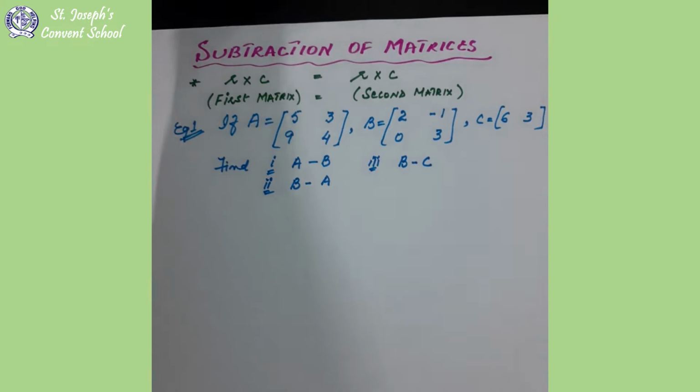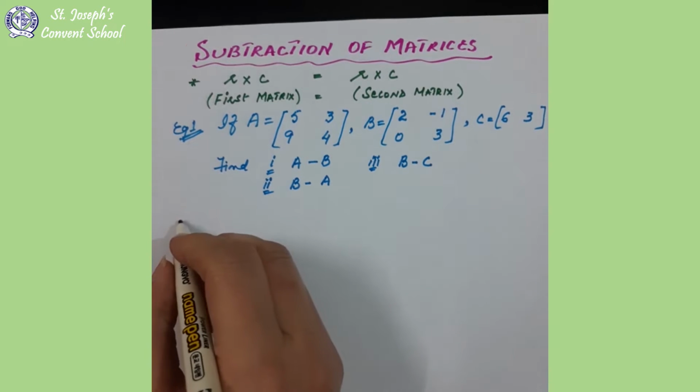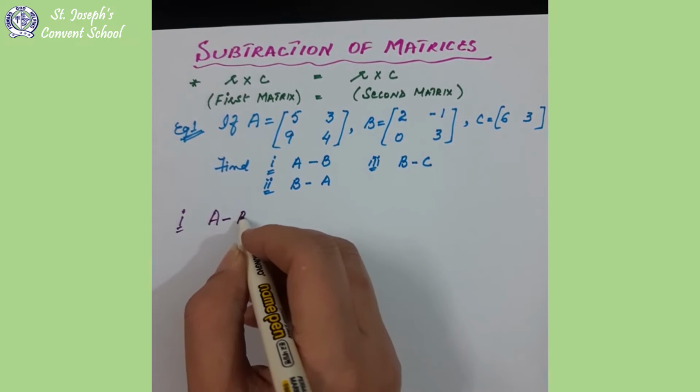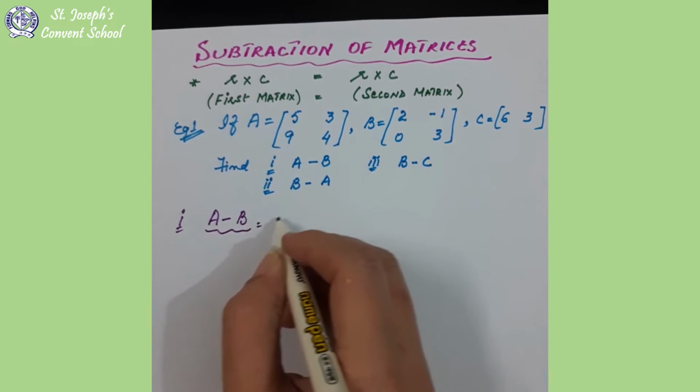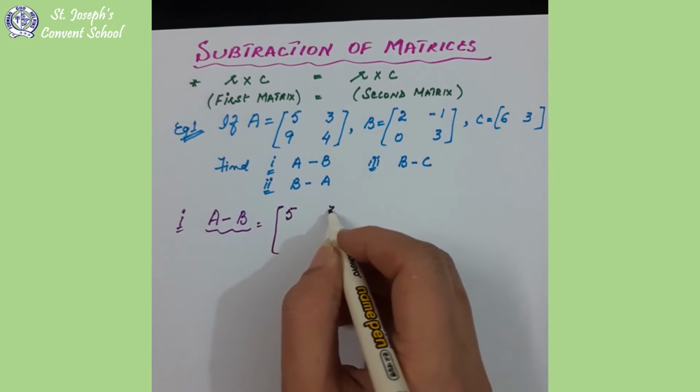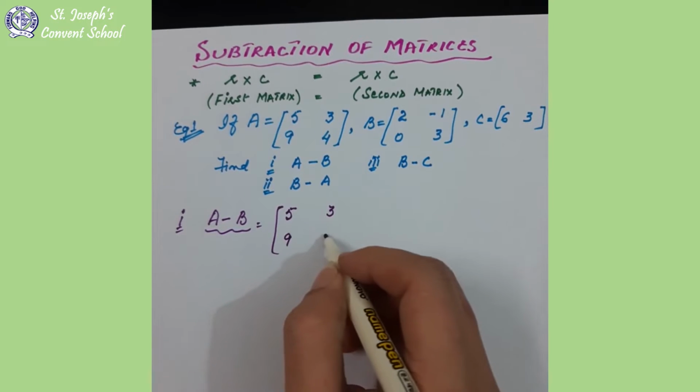We'll start with the first one. First one is A minus B. Let's solve A minus B. Matrix A is 5, 3, 9, 4.